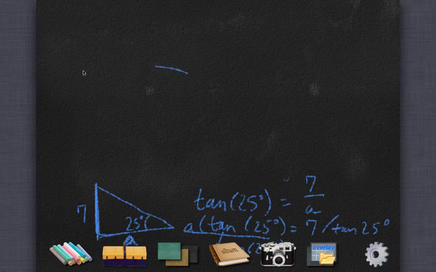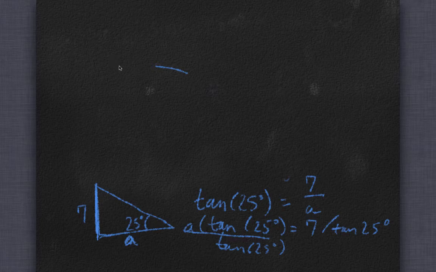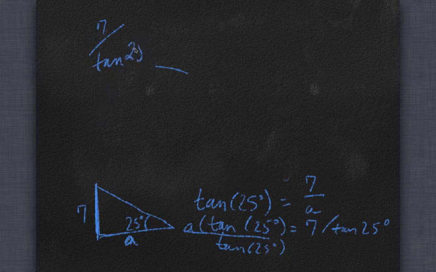Okay, so I've just cleared myself some room now. So A equals 7 divided by tangent 25 degrees. So that equals, okay, so that's approximately 15. It's 15.01, so we're going to say it's about 15. So now I have 15 over here.